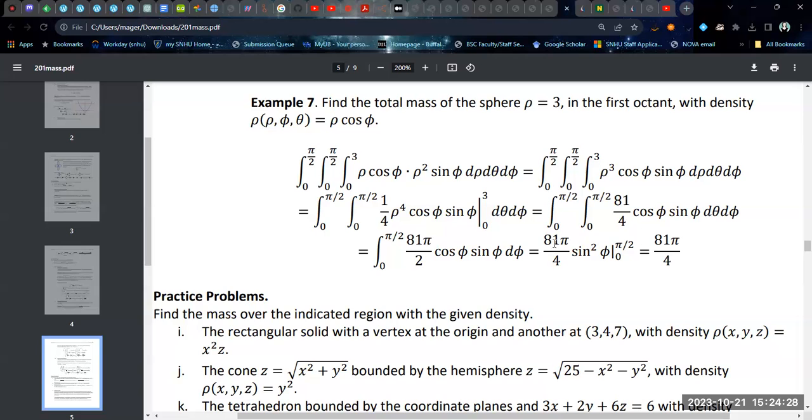And again, I think this should be an 8, and that would make this 81 pi over 16. And when you plug in the pi over 2, you just get 1. And so you get your final answer, which again, because of this, I think should actually be 81 pi over 16. It's always a good idea to double check your work. But yeah, again, we're only human.